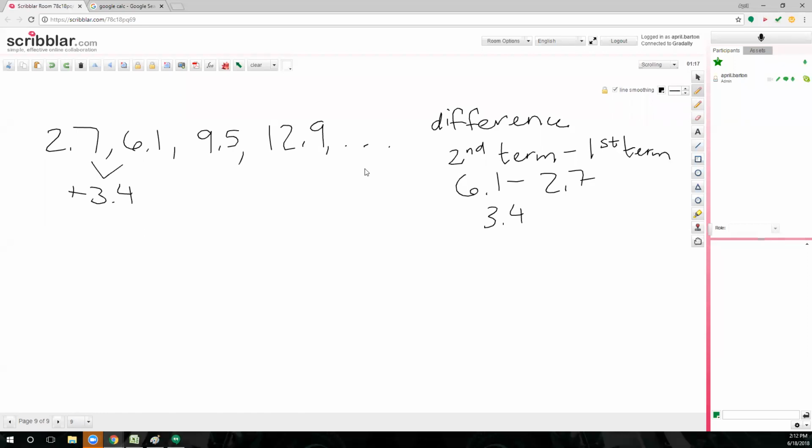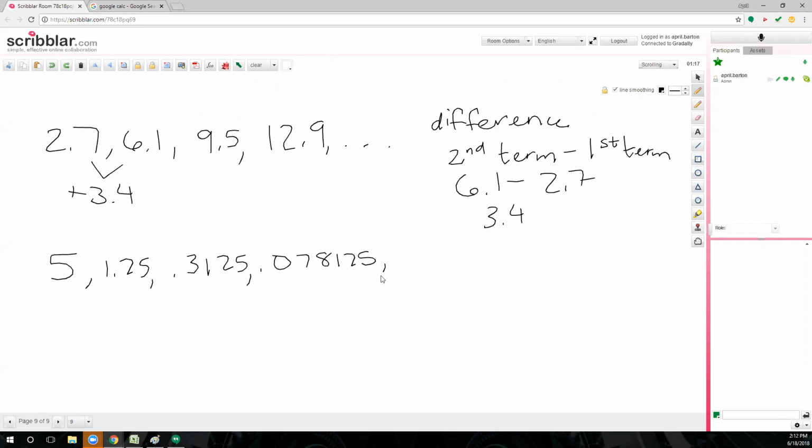So if we had to multiply one, it's a similar idea to find the common ratio. So you'll notice these decimals are getting pretty small pretty fast.